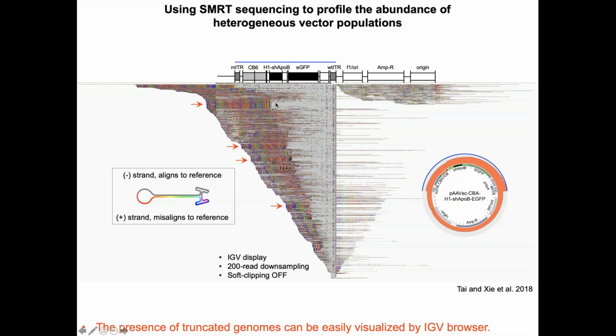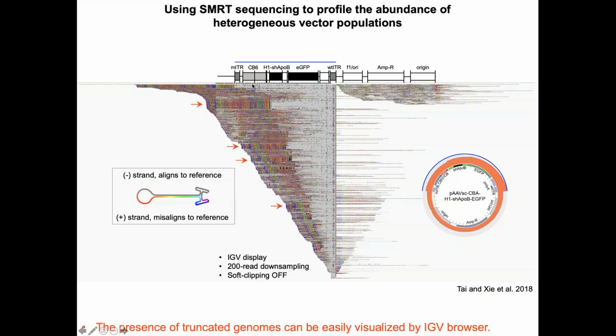Under IGV, reads that are perfect alignments to the reference are in gray, and regions that do not match the reference are colored in single bases. But if you allow soft clipping, you can get this sort of a rainbow effect of sequence that are not aligning to the genome of interest.